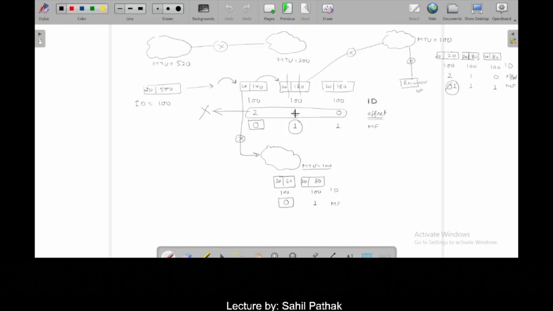Now what can we do for this? Can we do something like this, because this fragment is refragmented again, and this was having offset value 1, so can we have something like 1.0, 1.1, 1.2? Can we have it like this? We cannot, because again we will have the decimal values and we have to put these decimal values into a fixed set number of bits. So we cannot do that.